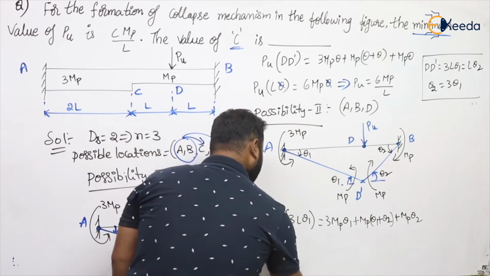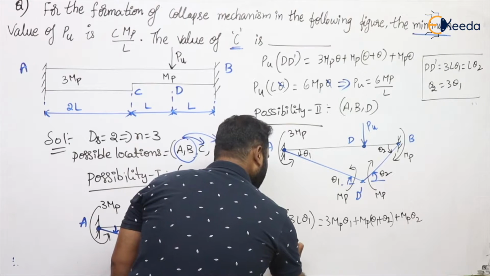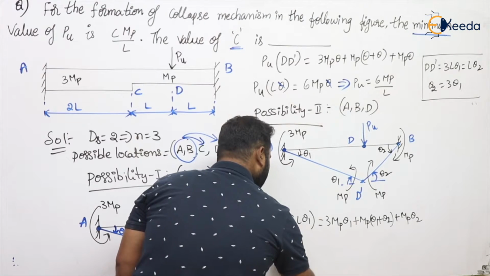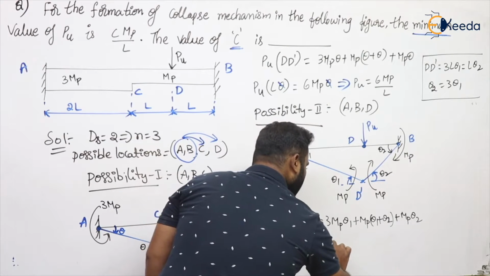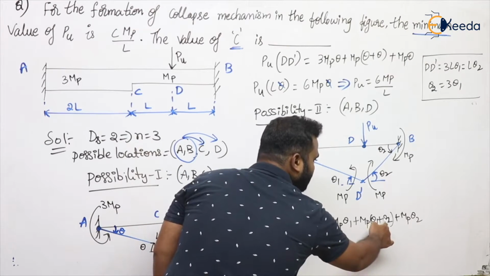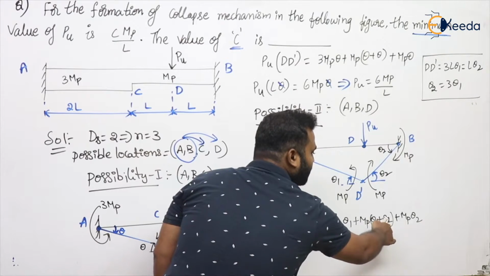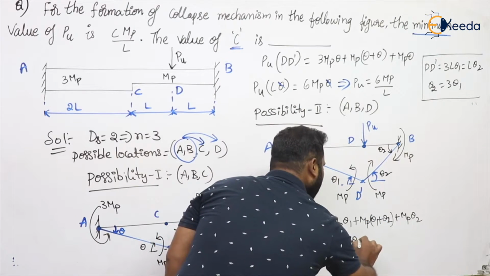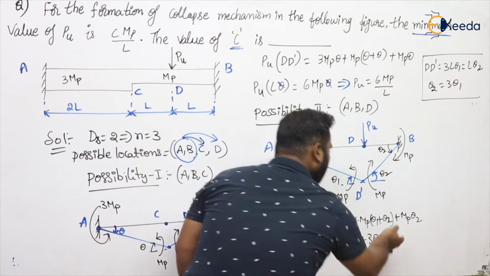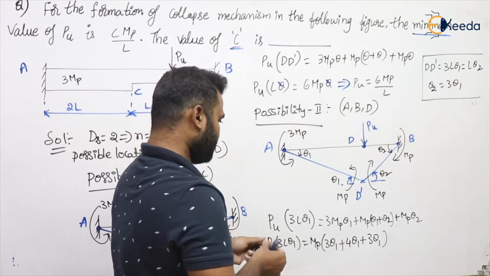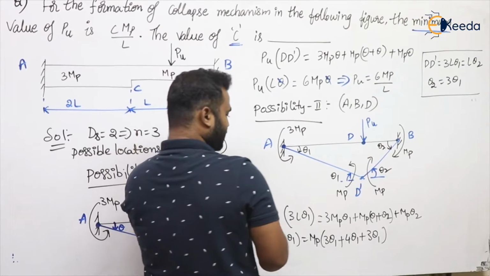So upon writing that, PU 3L theta 1. Take MP common. So 3 theta 1 plus, here it is 3 theta 1. So 3 theta 1 plus theta 1, 4 theta 1, plus theta 2, again 3 theta 1. Now we can cancel theta 1 in this equation.